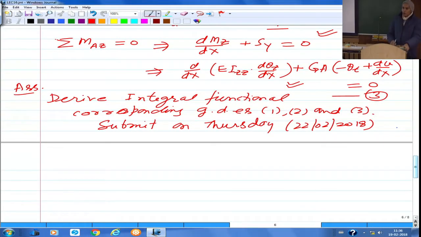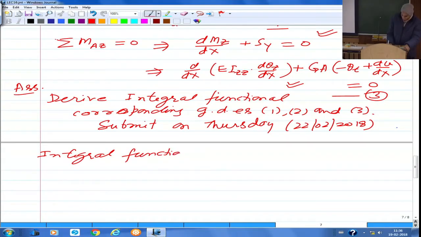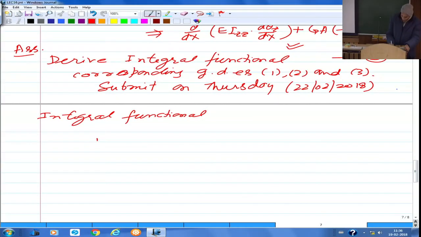Now, what I am going to do, I will follow a different approach. Let me write the integral functional directly from the concept of total strain energy and potential of external forces. So the integral functional I, how do I write it now? I basically consists of strain energy and potential of the externally applied forces and internal forces for an element.